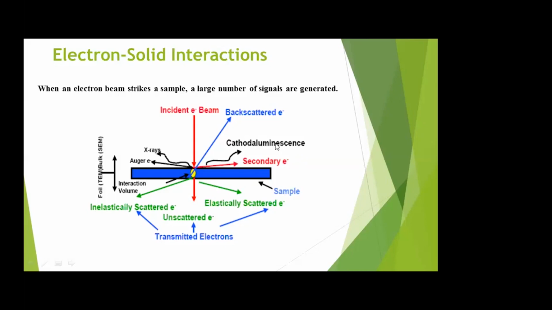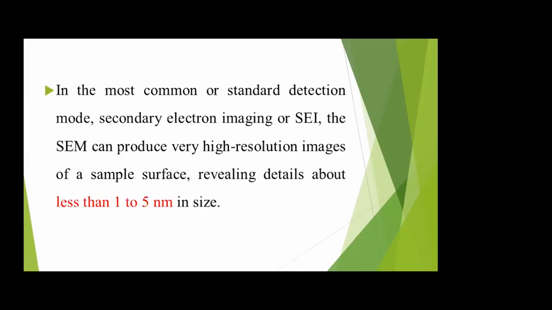If you are taking the entire electromagnetic spectrum, cathodoluminescence is light, or electromagnetic radiation ranging from the ultraviolet to the NIR or near infrared region in the electromagnetic spectrum. That is nothing but the visible region. So these are the various types of signals that are generated in an electron microscope.